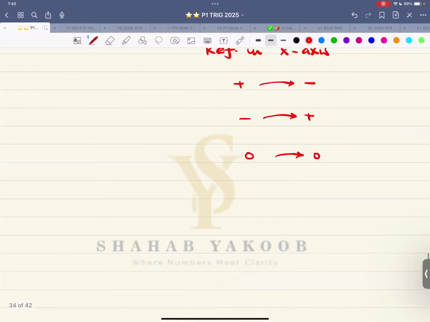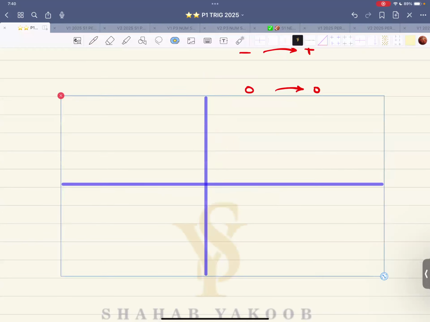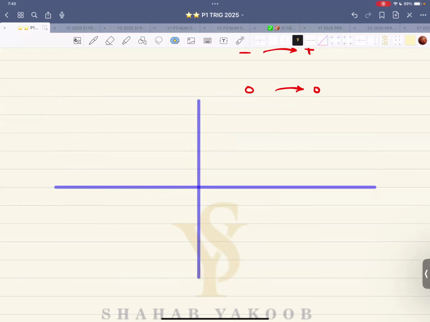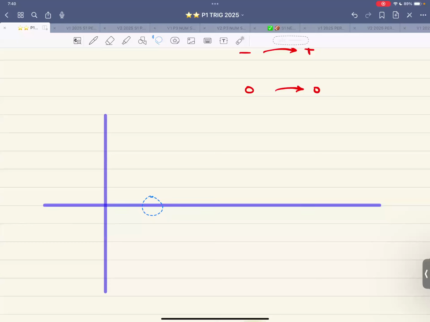So now if I draw the graph, let me choose the grid over here. And if I just shift this to the left, and let me draw the graph of sine x a little bit extended.